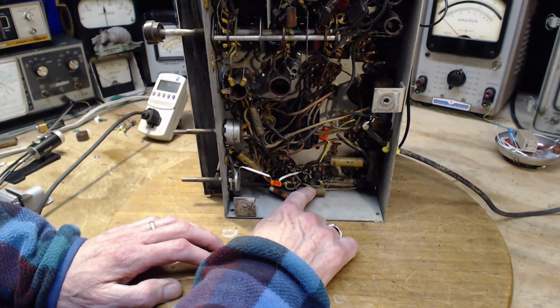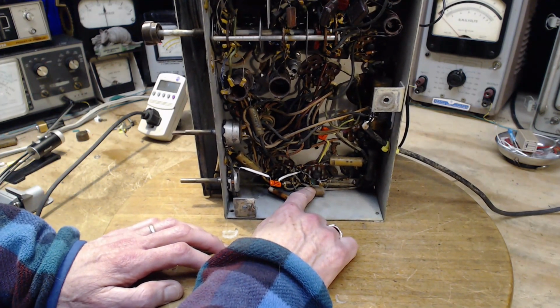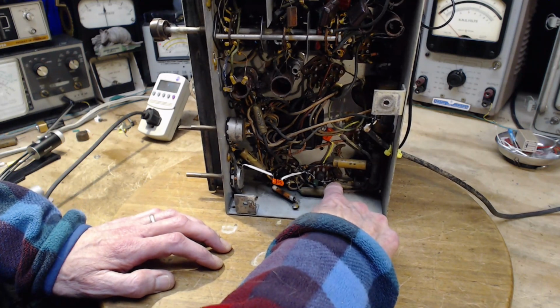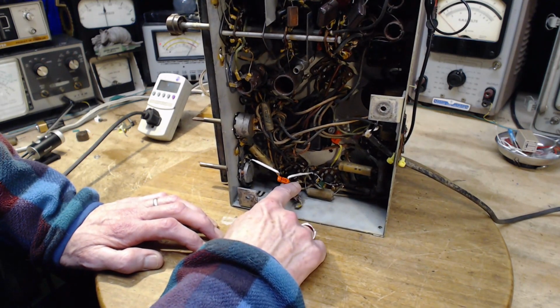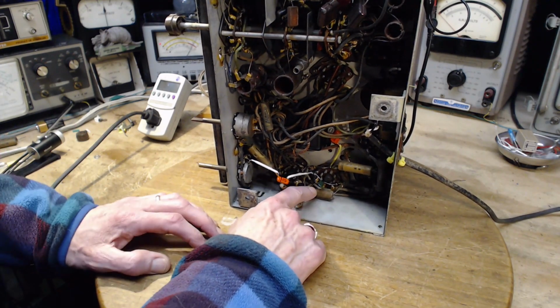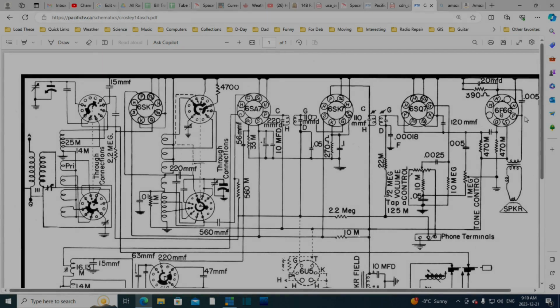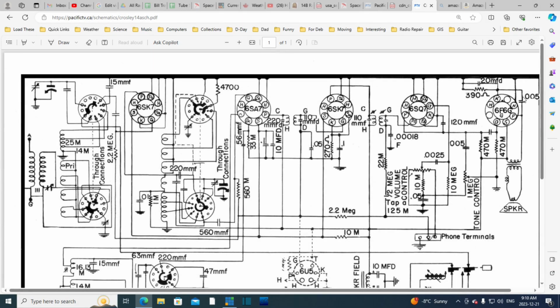And this one, I believe, is a ground point. So it's connected from the output tube to ground. Probably. I shouldn't guess. Let's take a look. So it's probably this one here, right between the plate and the cathode.